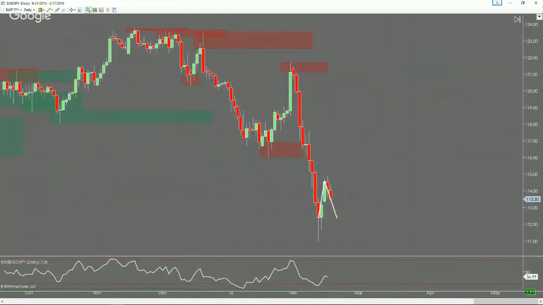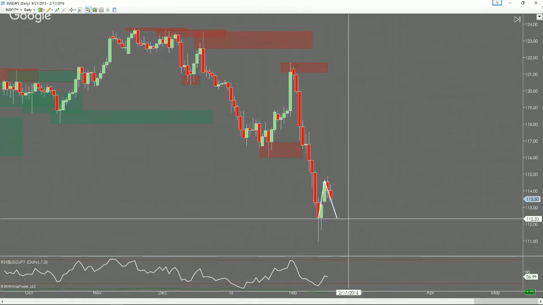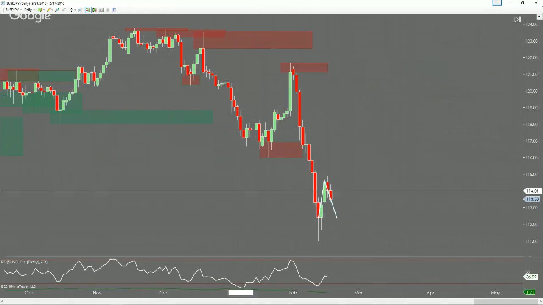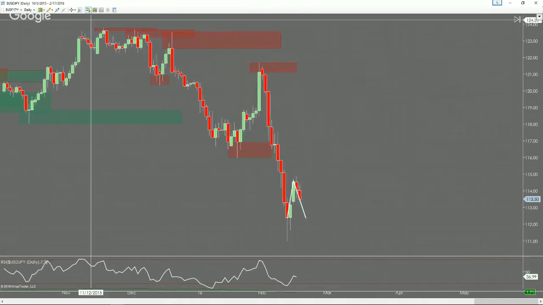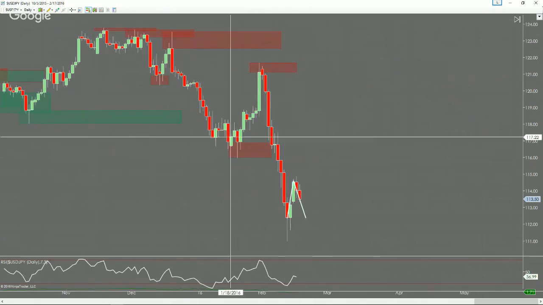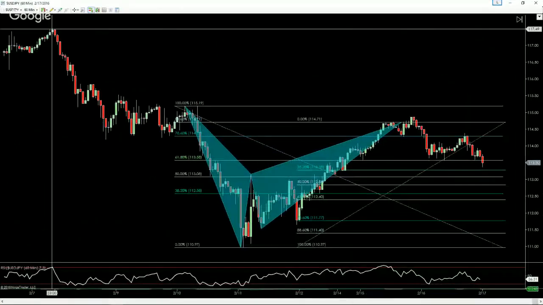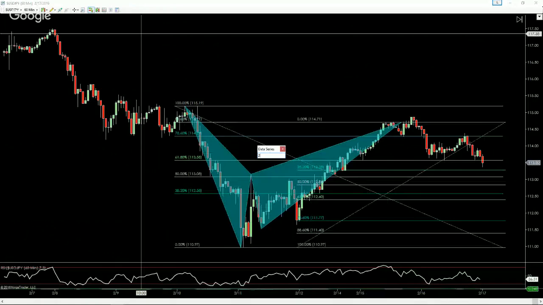Most often on yen pairs, they do respect that even handle number a lot more compared to other pairs that I've seen. So let's go down to our 240 first.